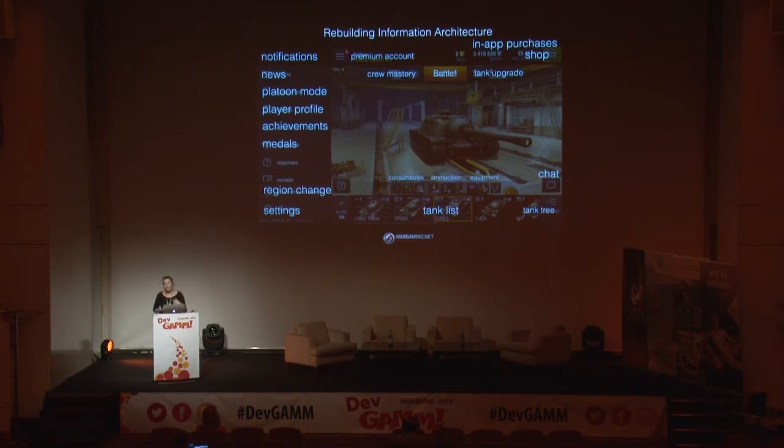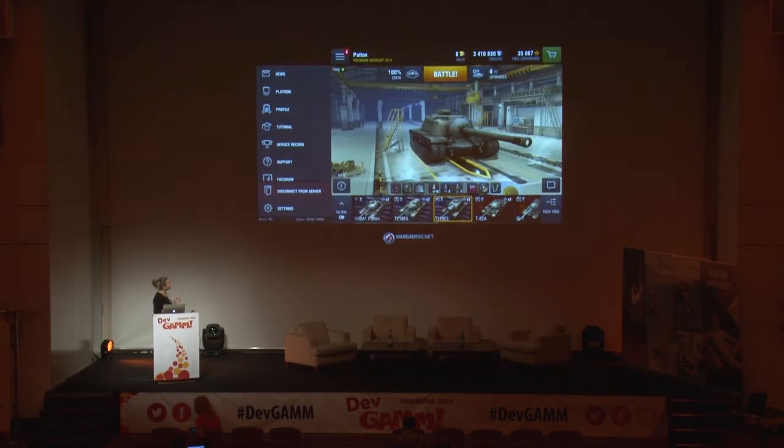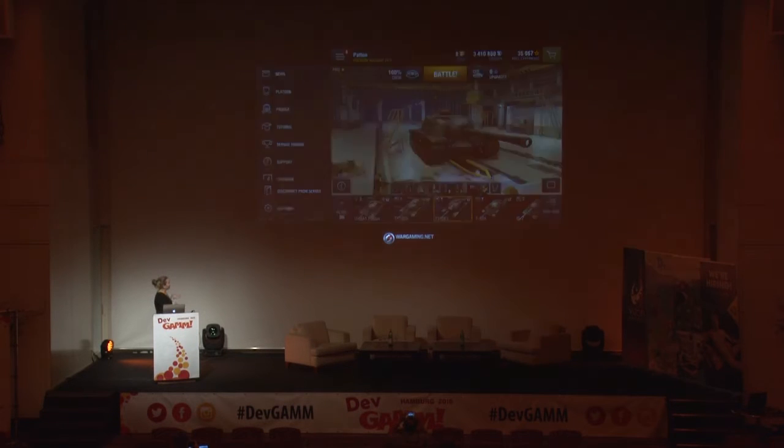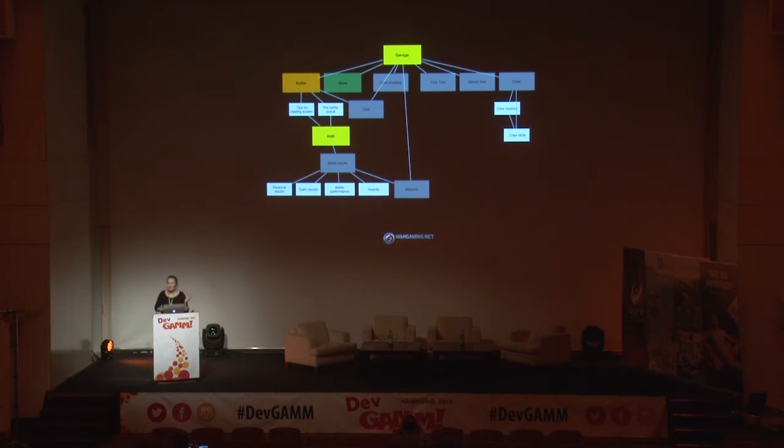If you can see, the less relevant stuff is hidden in the sidebar, and the main stuff is positioned on the main screen. So this is our current hangar. And if you want to see what information architecture looks like and how it can help you reposition your interface parts, this is just a simple example.